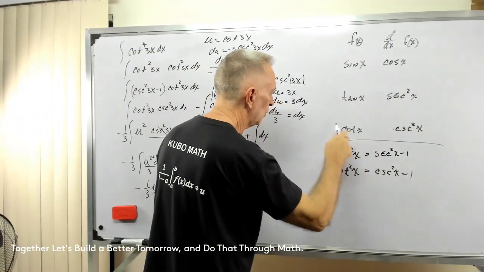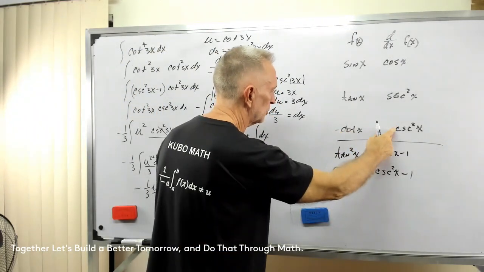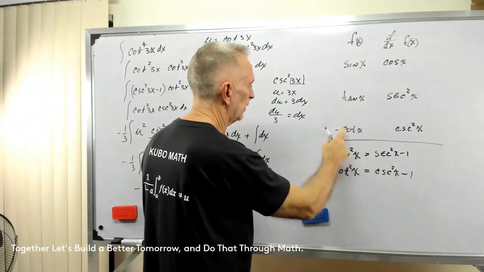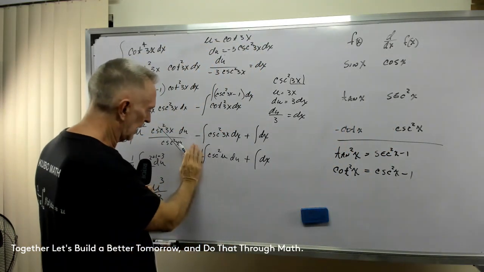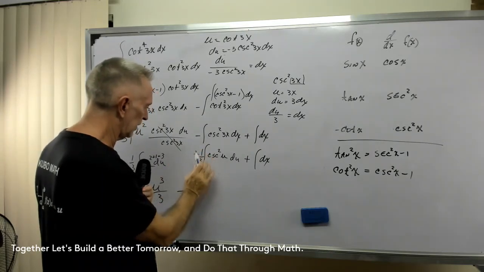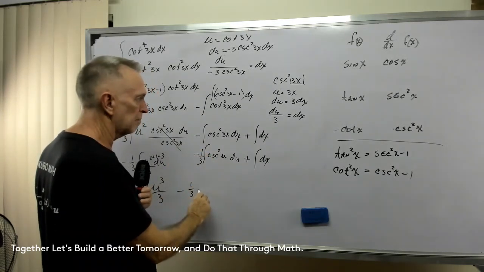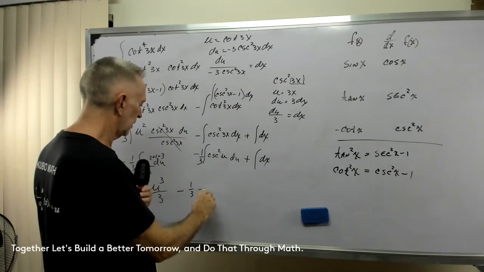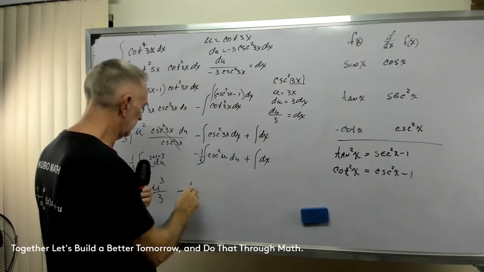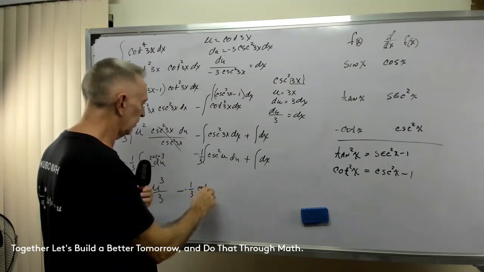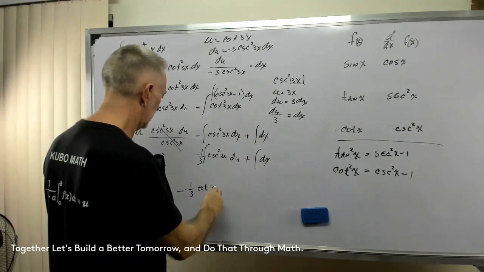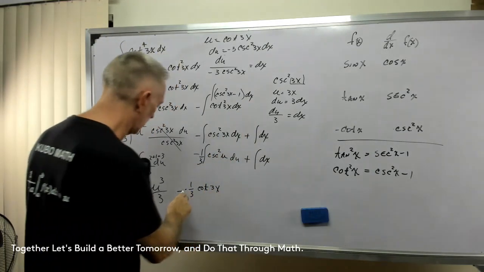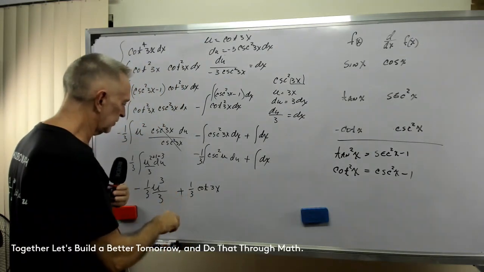So if I move that negative to here, if this is positive and I take the integral of it, then I get a negative. So I end up with minus a minus cotangent 3x, and this minus a minus becomes a positive.